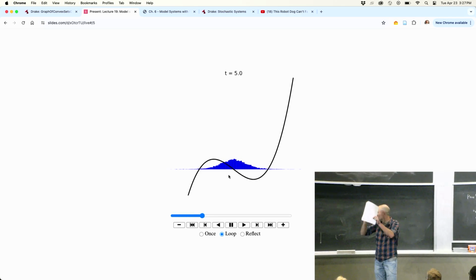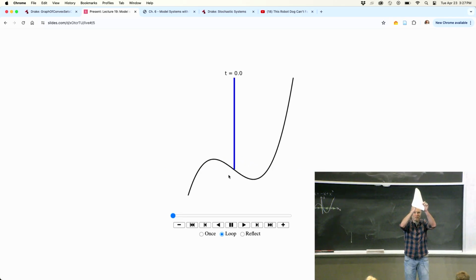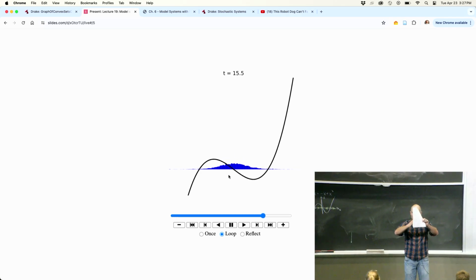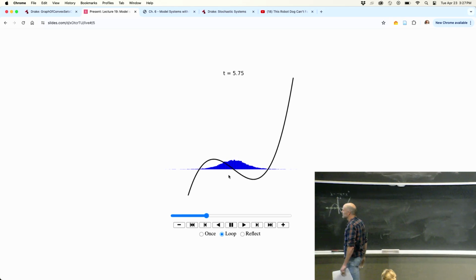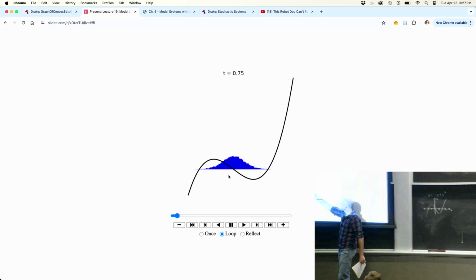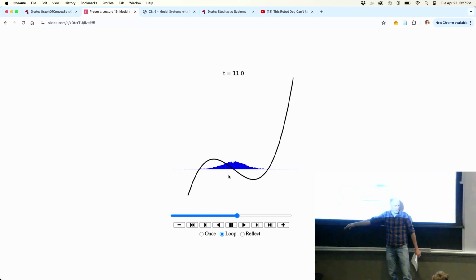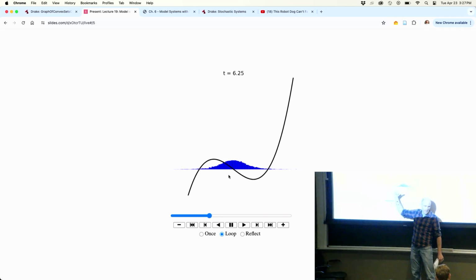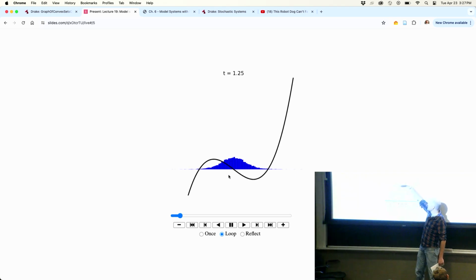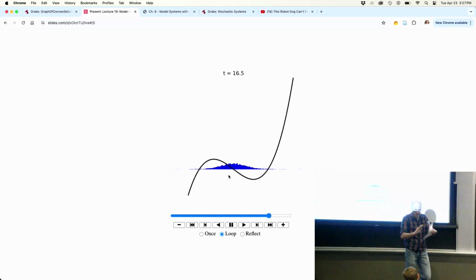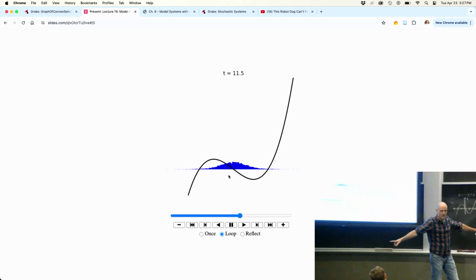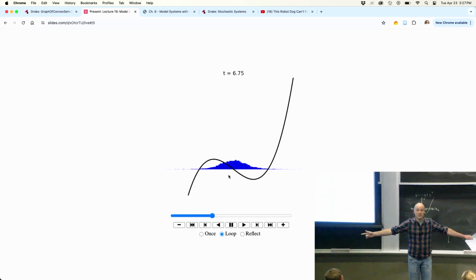You start with a nice, beautiful Gaussian, but the longer you watch, the more probability mass you lose, because any escape attempt that hops over here is now going to run off to infinity. It's very unlikely that it's going to come back. It could, but because those things are just constantly running off unstable, we would say it doesn't have a stationary distribution.